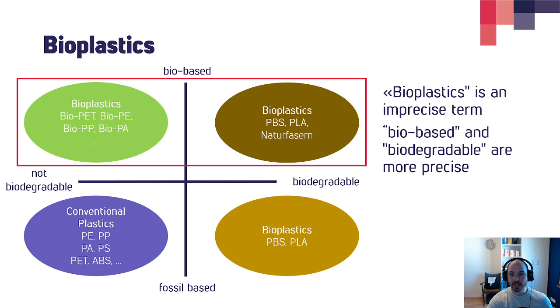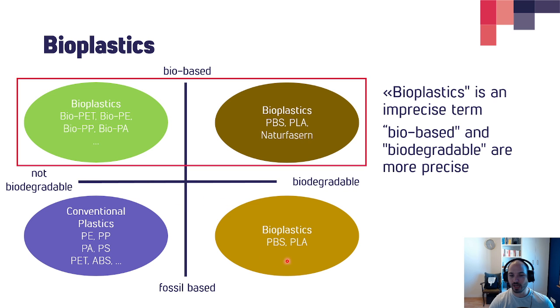Good. And you can have biodegradable plastics that are also bio-based, such as PLA or PBS. Or you can have bio-based conventional plastics, for example biopolyethylene, biopolypropylene, biopolyamides, and stuff like that.